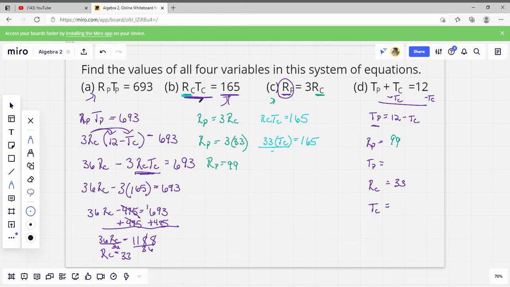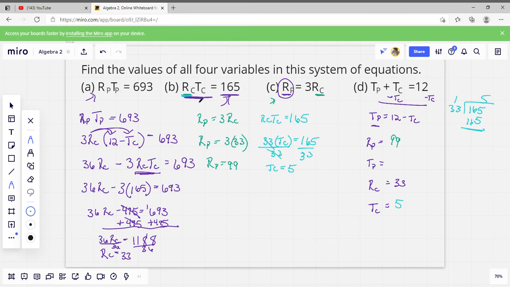We need to divide by 33. TC equals 165 divided by 33. I'm guessing 5. 3 times 5 is 15, 16. Yep. So TC equals 5. Okay, and we just got one more to solve for.